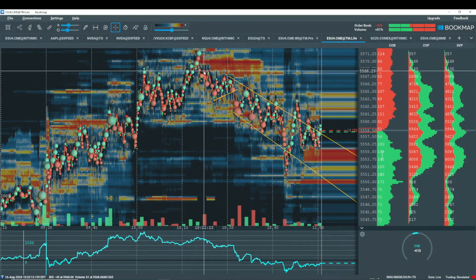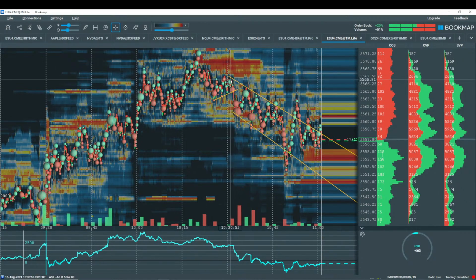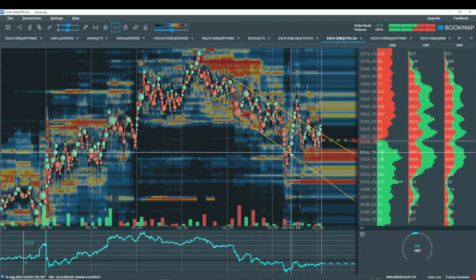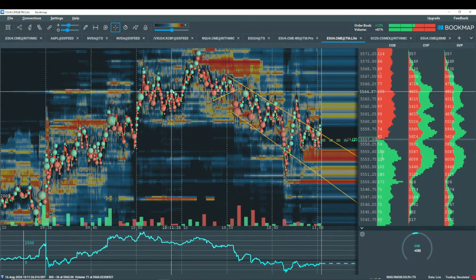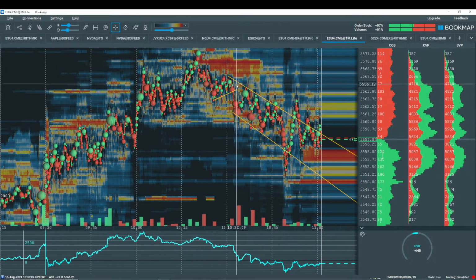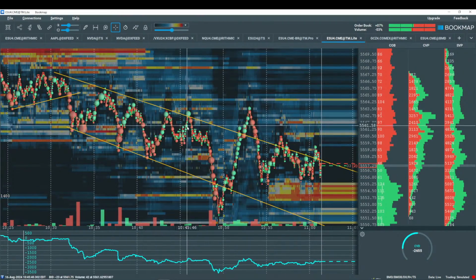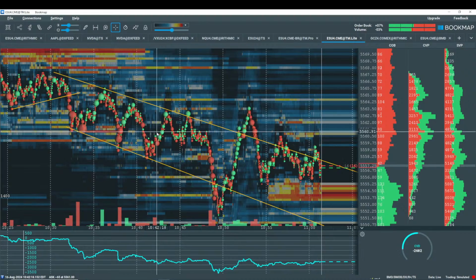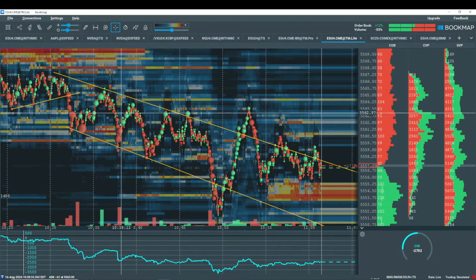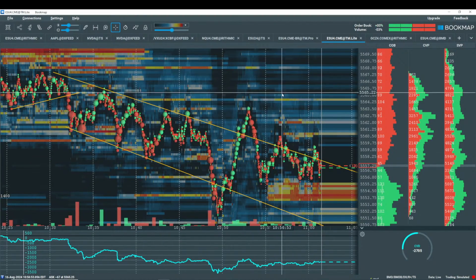So we were not looking for buyers at this time in this bigger picture, and that kept us out of the buy side. But on these smaller moves in here, we covered many different things for buying in some of these levels and hitting singles within some of these areas.